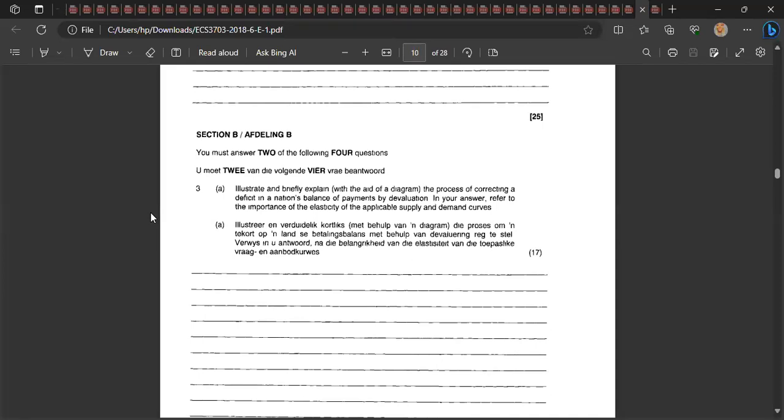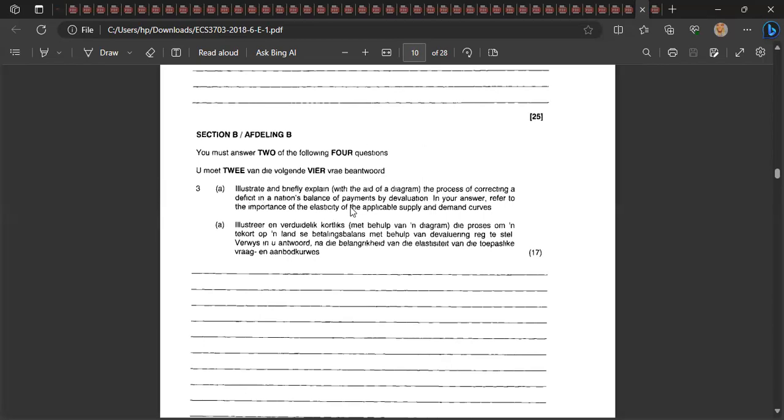All right. Illustrate and briefly explain with the aid of a diagram the process of correcting a deficit in a nation's balance of payments by devaluing. So in your answer, refer to the importance of elasticity. Okay.